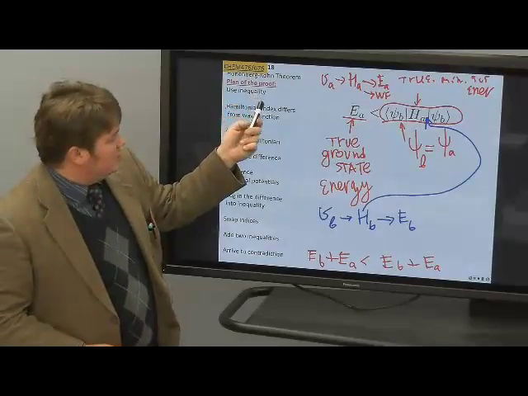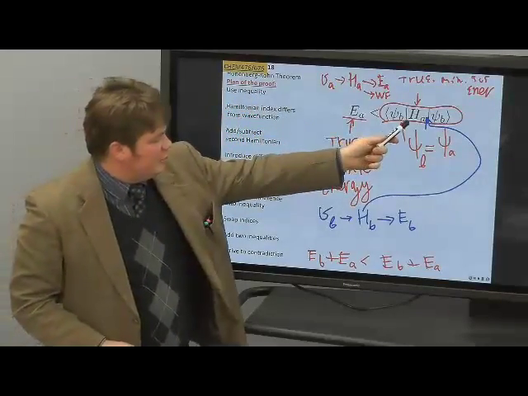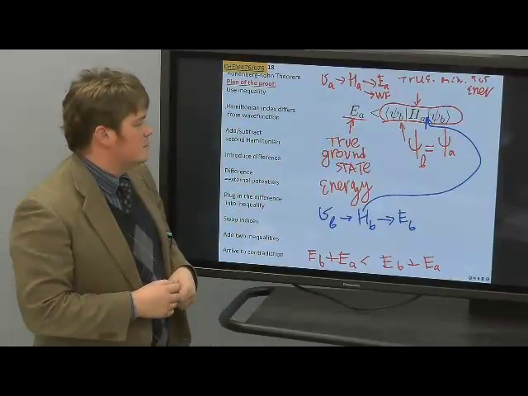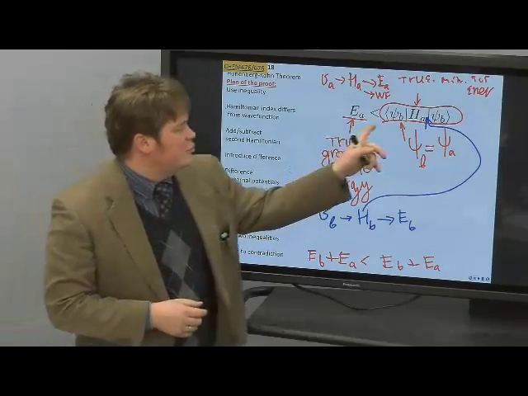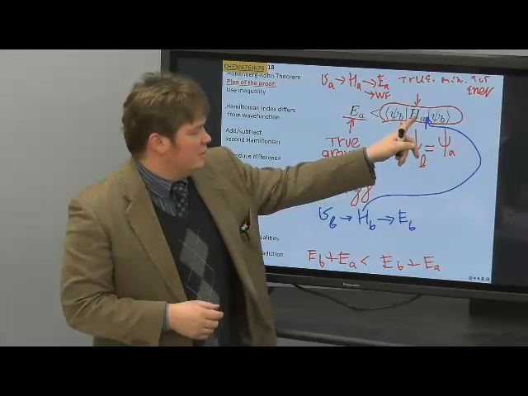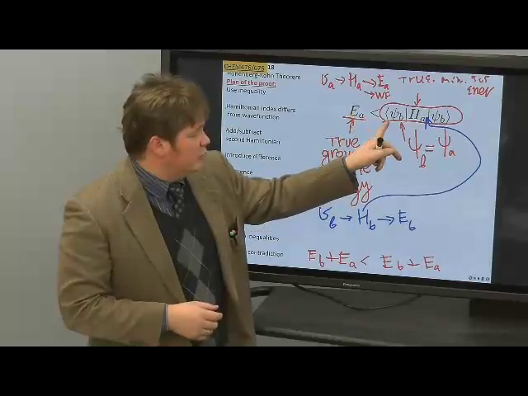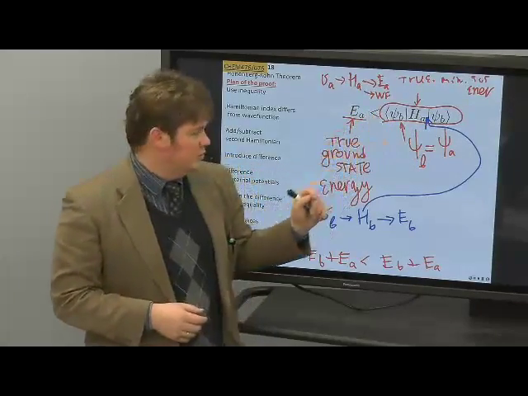So two branches. For branch A, we verbalize the variational theorem by using, for branch A, one Hamiltonian, one energy, but different wave function. Then we get an inequality.